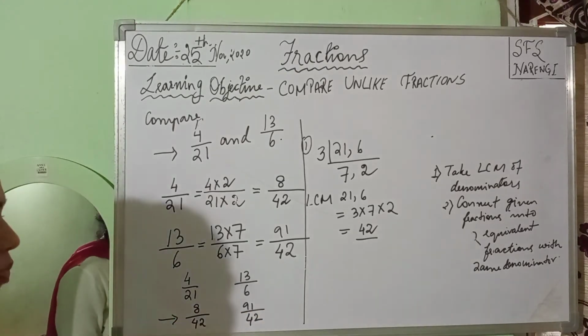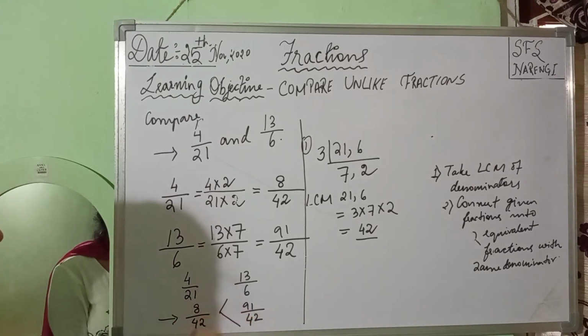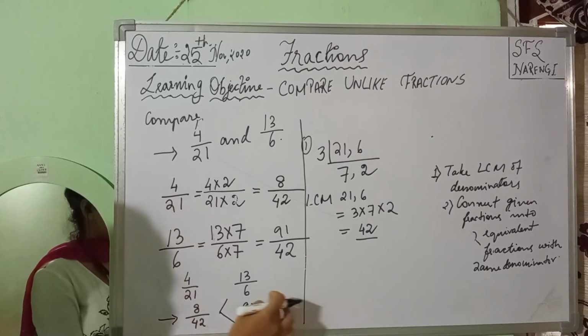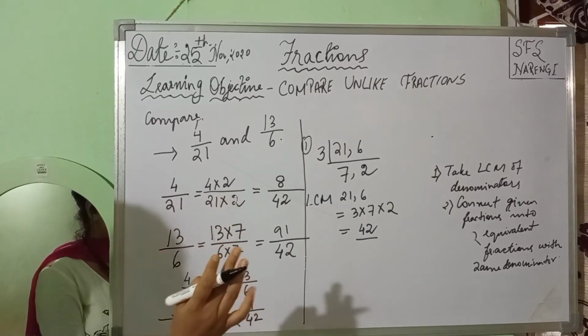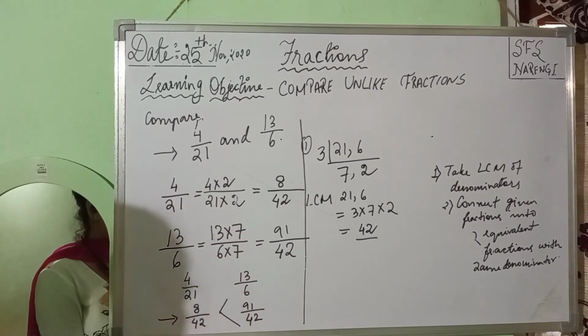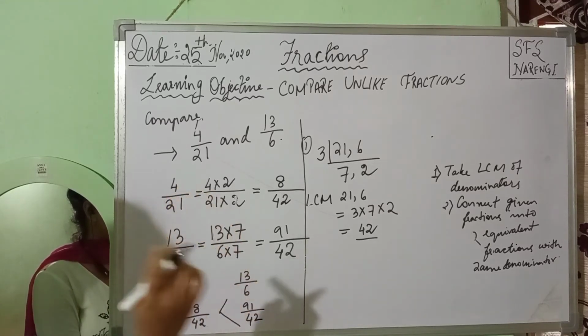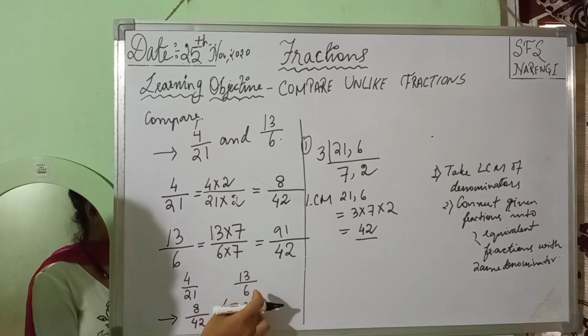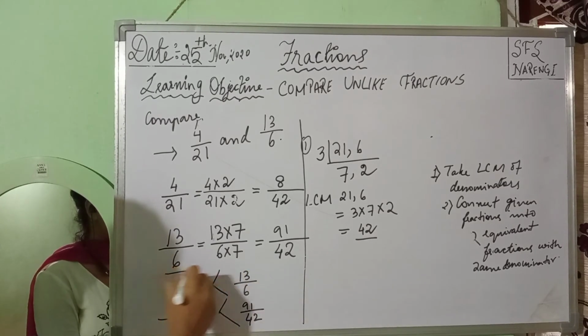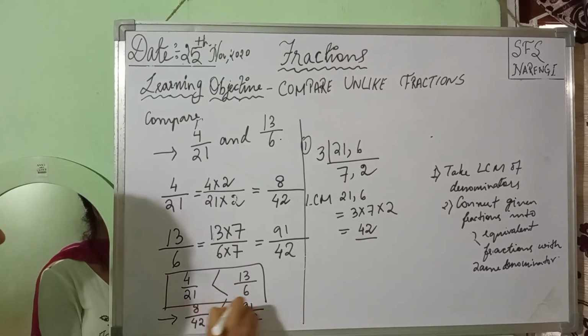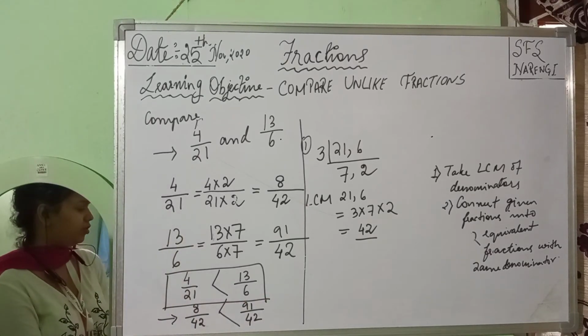Now we know that 91 is greater than 8, right? So 91 by 42 is greater than 8 by 42. Now 91 by 42 is an equivalent fraction of 13 by 6. So we can say that 13 by 6 is greater than 4 by 21.